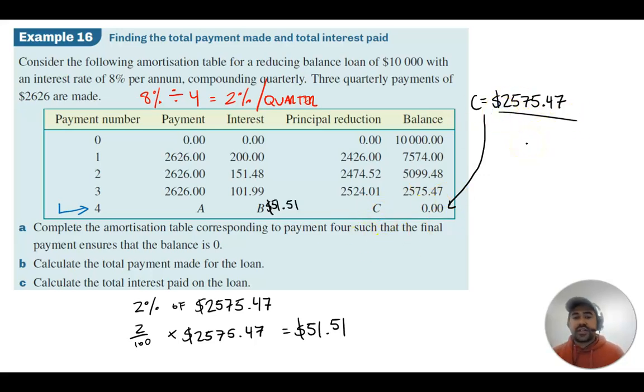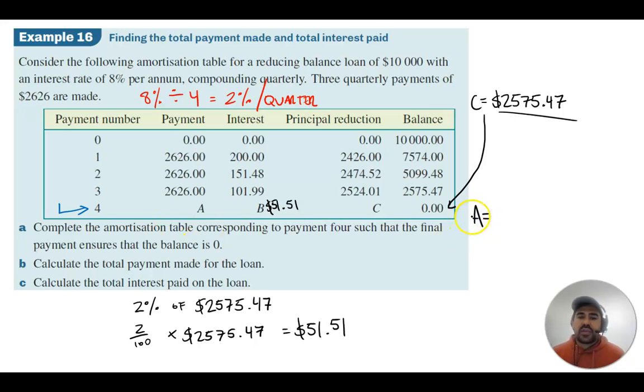How we work this out is, if we know that the balance, this amount here, needs to be paid plus the interest to get C to be locked in, all we're doing is working out this amount here plus the principal reduction. So let me say that again.